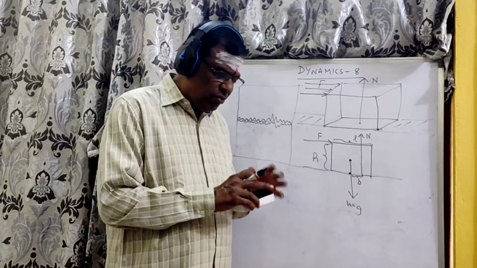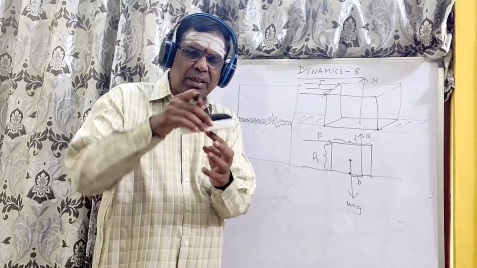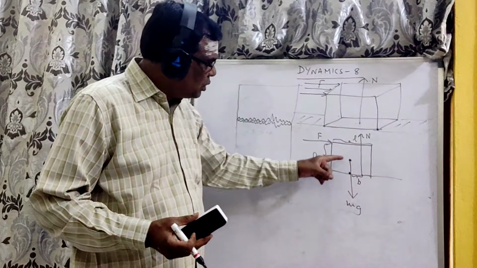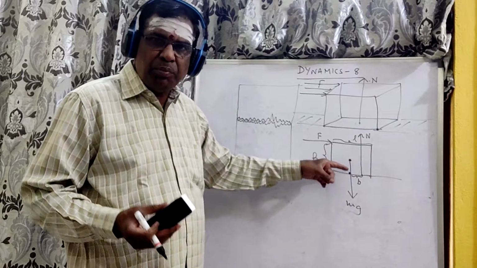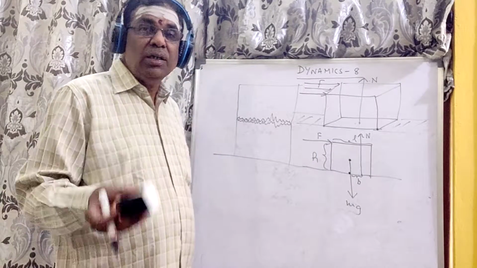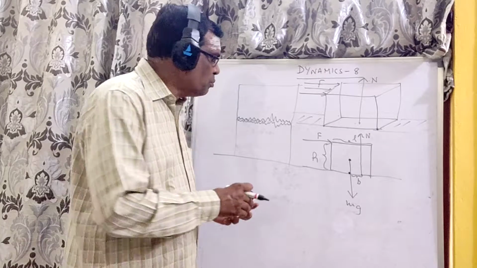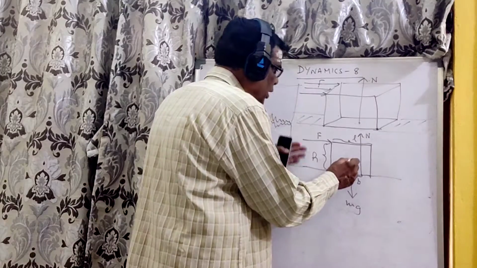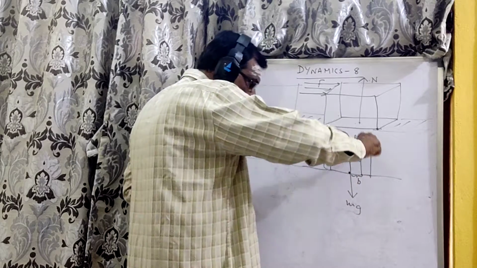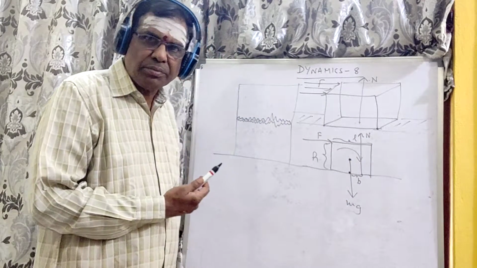Okay? Now, you look at that. Suppose at the center, if I take my axis, I expect the body to turn. For turning, you need a force at a distance from the point or axis that I am talking about. The so-called moment of force. Now, if I take this point, this will tend to rotate the body in this direction.